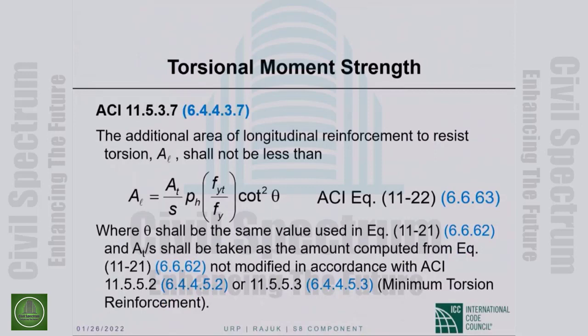The additional area of longitudinal reinforcement to resist torsion, that is A sub L, shall not be less than given by the right-hand side of this expression.